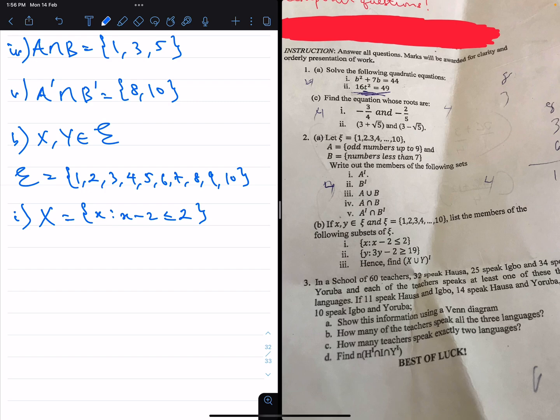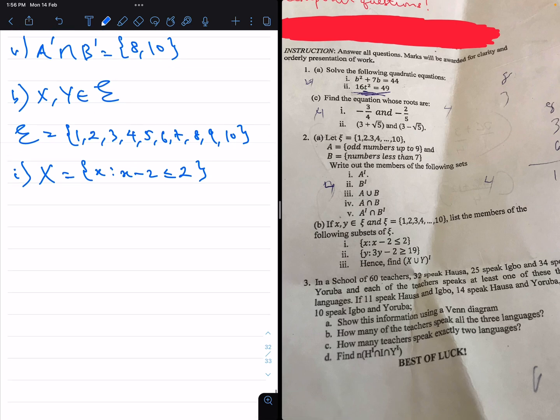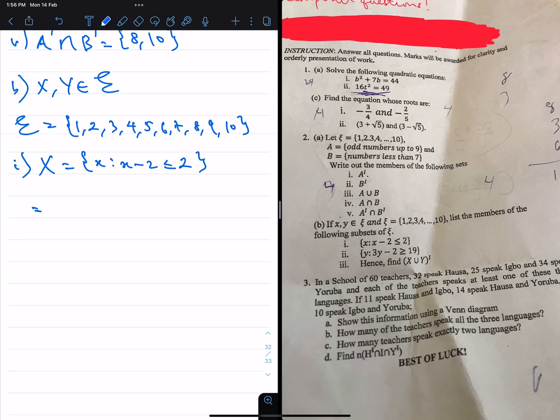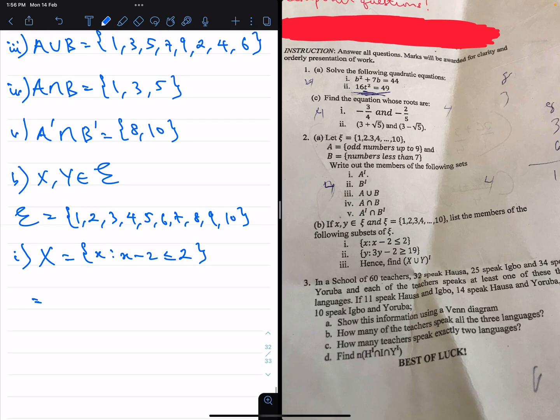That's the first set whose elements they want us to list. We need to write out those elements. And here what we do is we find each of the numbers in E which, when 2 is subtracted from it, will give a result that is less than or equal to 2.